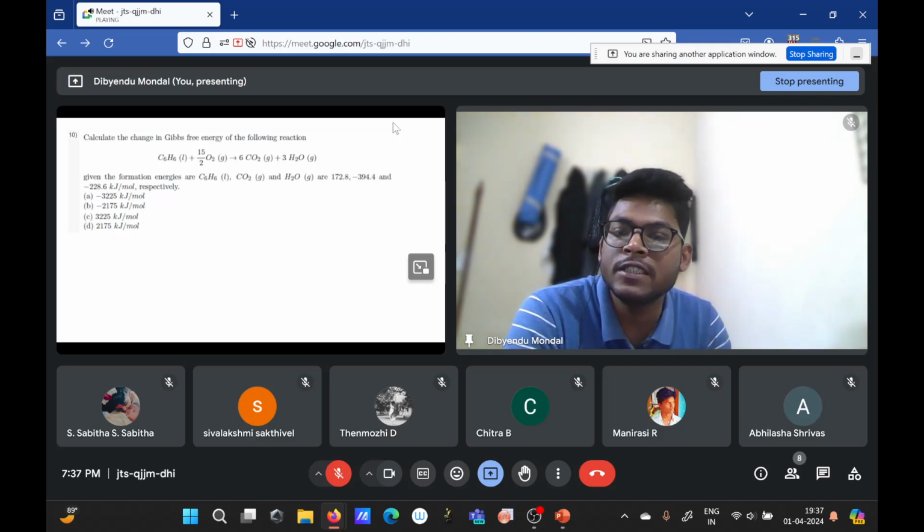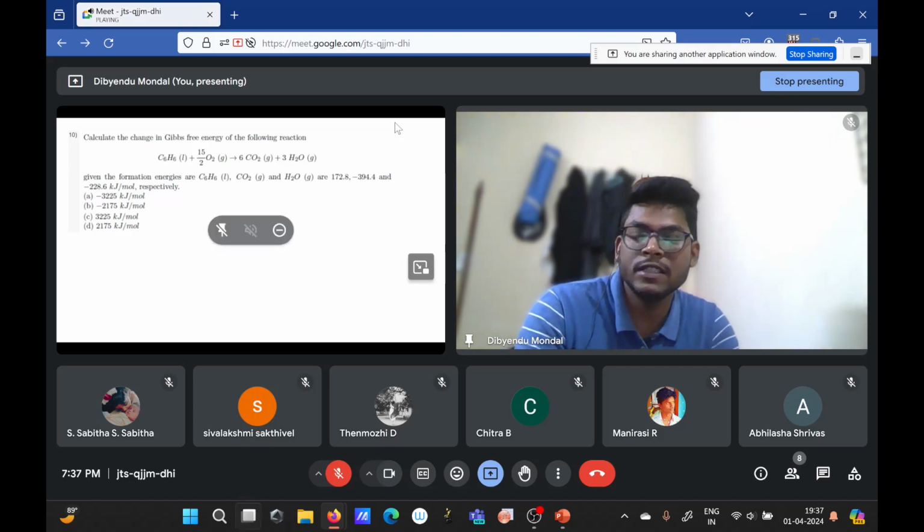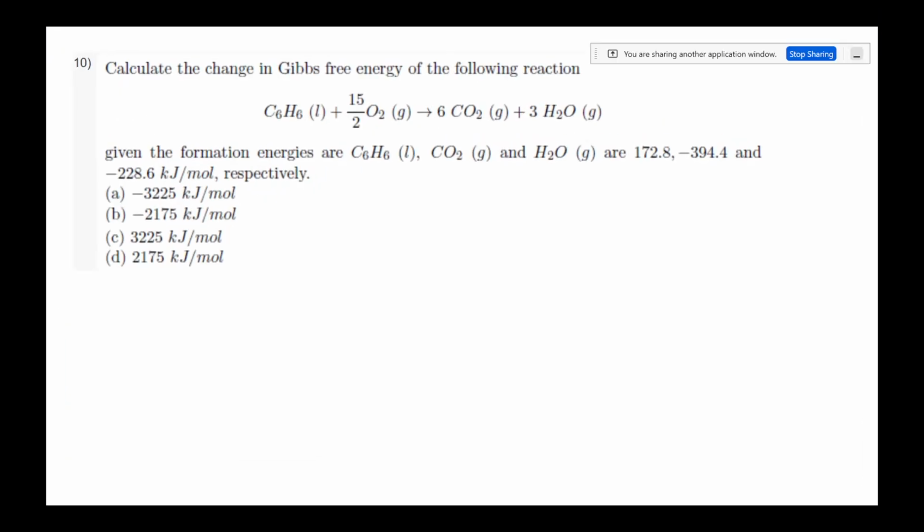For oxygen it is 0, since it is not given, so we take it as 0. So let's write it: formation energy is 0 for O2. Okay.